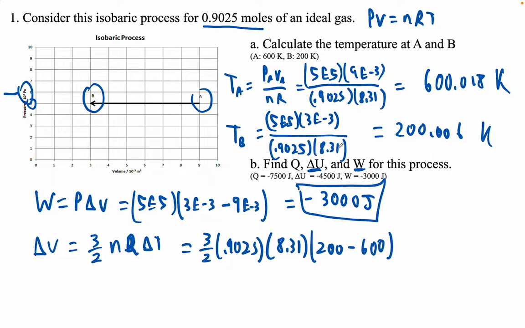I guess it gets colder, right? Because this is 600 kelvins and this is 200 kelvins. So delta U should be, all right, let's do this.